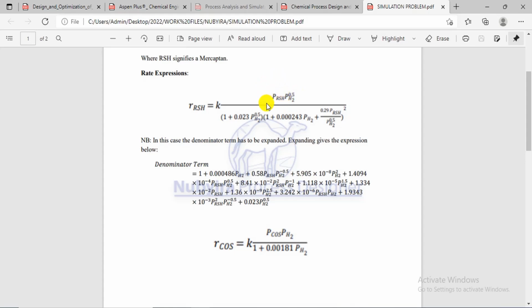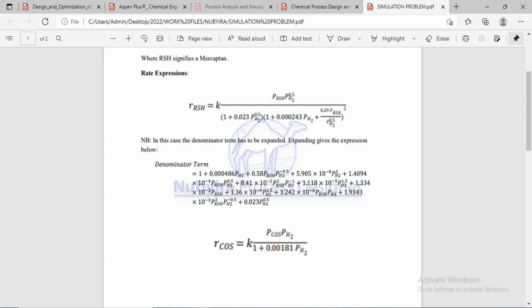That is the numerator term. Now to know the basis units, to be able to determine it, you have to look at the particular parameter that is beside your components, right? So beside our components in the numerator we have P. Now what that P signifies is partial pressure, right? So it signifies partial pressure.